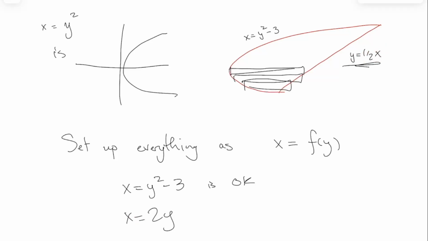Would it have been beneficial earlier on to change the x equals y squared minus 3 to something like y equals square root of x plus 3? This is not a terrible idea, just because in general, I don't like to do everything sideways in terms of y.